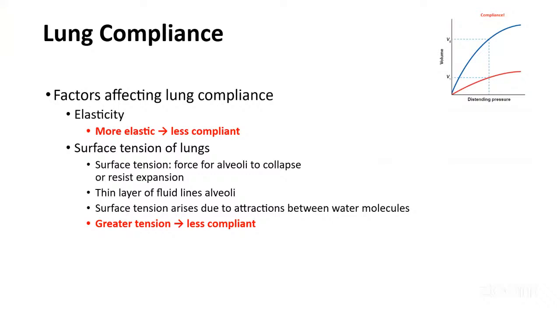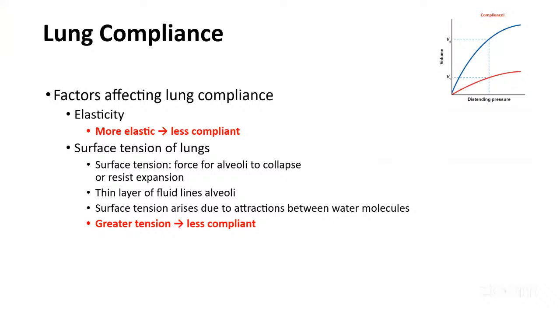Another thing that's going to affect compliance, and this is going to come into play more in lungs, not something that was particularly relevant to the cardiovascular system, is surface tension. If compliance is about how easy it is to distend or expand the lung, one of the things that resists expansion is surface tension.